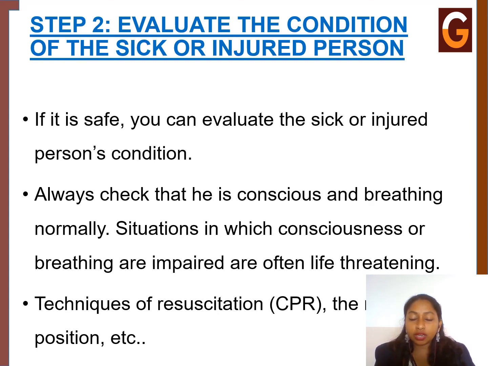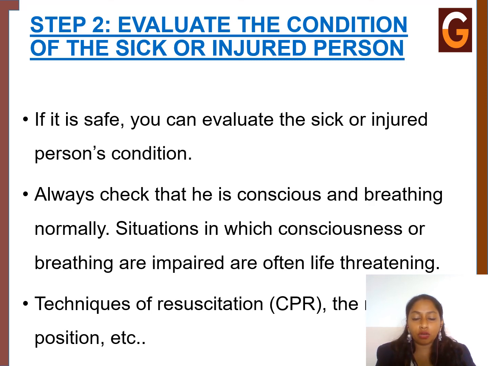If he is conscious and breathing okay, then we are relieved and we can wait for the ambulance and then transport him to the medical health facilities. If not, we have to give all the details to the ambulance or the hospital where we are seeking help.